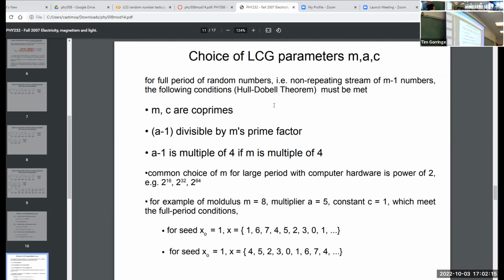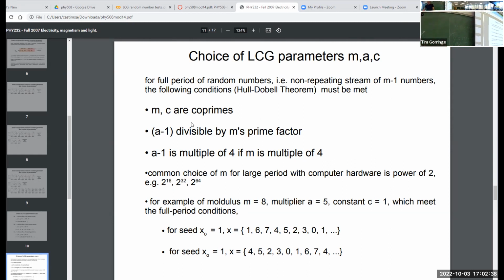But anyway, if we use 2 to the 16 or 2 to the 32 or 2 to the 64, we want to pick the other parameters, the multiplier and the constant, so that we get the full range, the full period that's potentially available from that large divider.